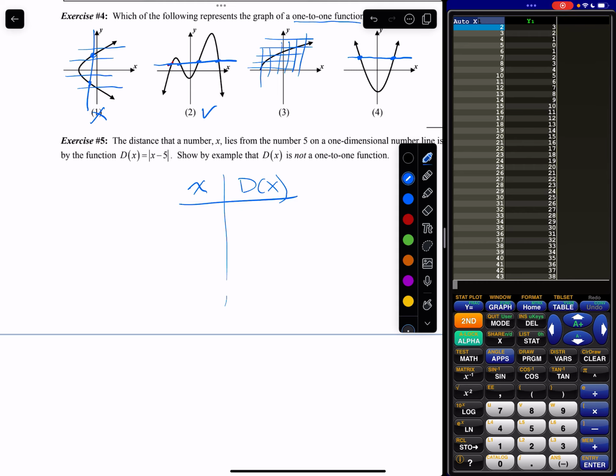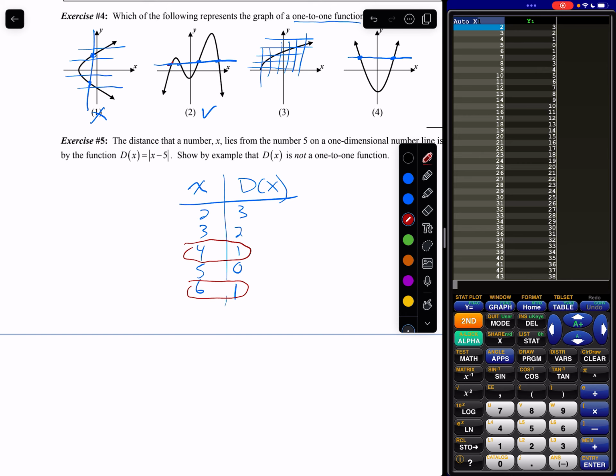If I choose 2, 3, 4, 5, 6, okay, the outputs are going to be 3, 2, 1, 0, 1. And you can see at 2 points, 4 goes to 1. Whoops, 4 goes to 1. And also 6 goes to 1.